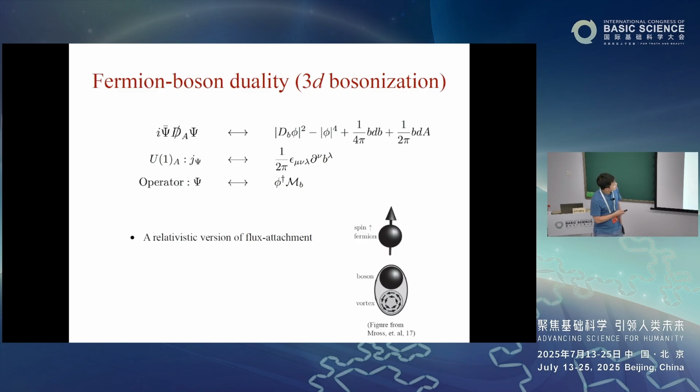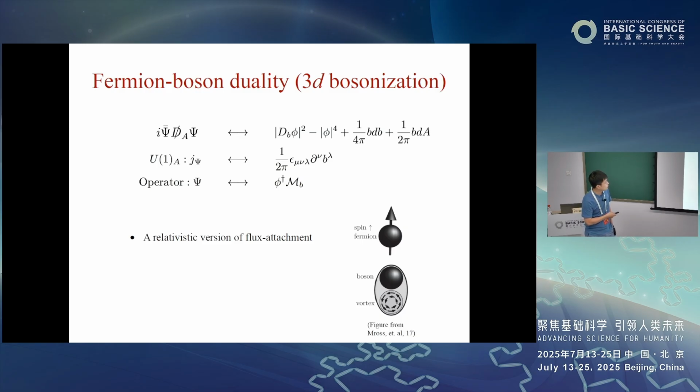Now, the only difference caused by this Chern-Simons term is that the bare monopole is not gauge invariant, formally speaking. So what you should do is attach a Higgs scalar, which also carries gauge charge, and the combination of this combined object turns out to be fully gauge invariant. So it's a legal local operator. You can think of this as a relativistic version of flux attachment, right?